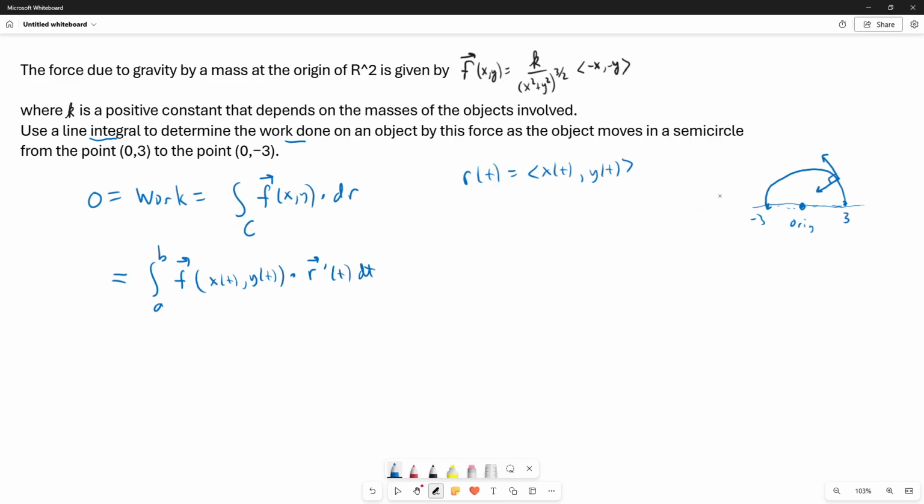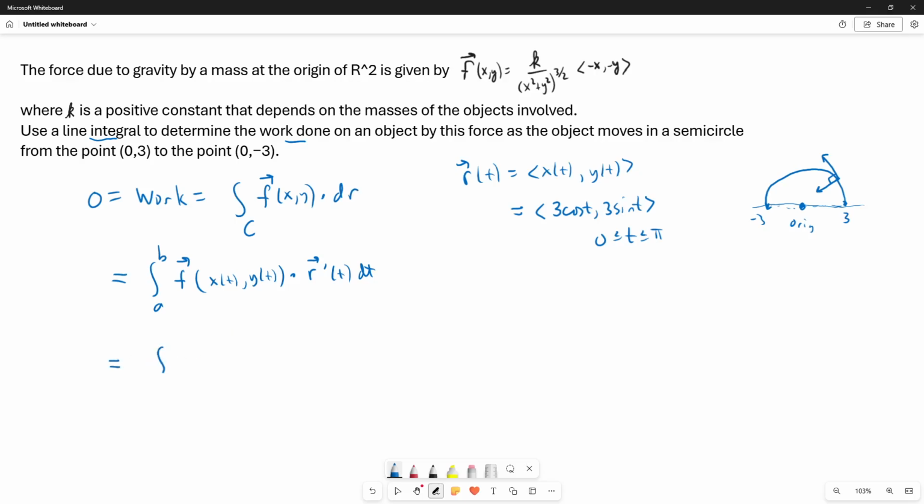So we need to parameterize our semicircle, and that's given by, it has a radius of 3 centered at the origin, so simply 3 cosine t, 3 sine t will do the trick, where t goes from 0 to 180 degrees, using radians, 0 to pi.